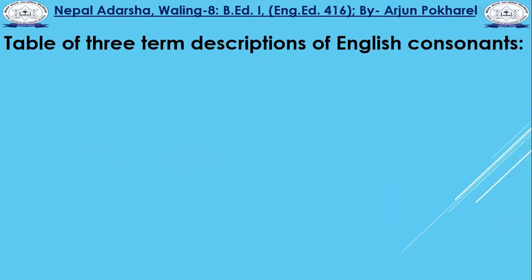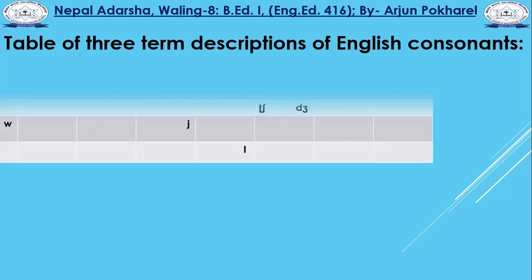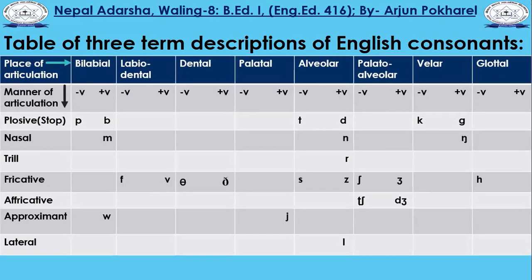Now you can get the table here. Don't get confused with the sounds of English. Here these are only voiceless sounds. If sounds come in pairs, fine; if the sounds come in isolation, the other sounds that come in isolation are voiced.